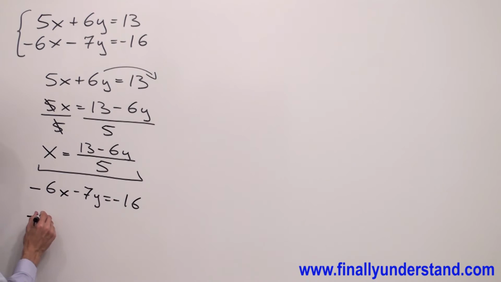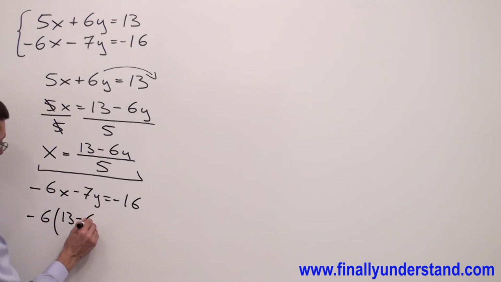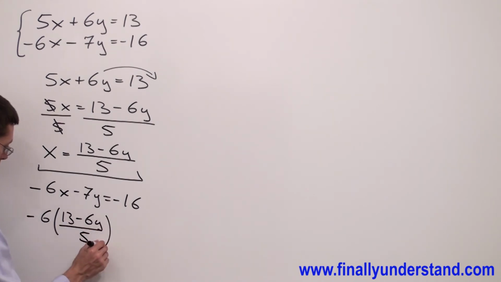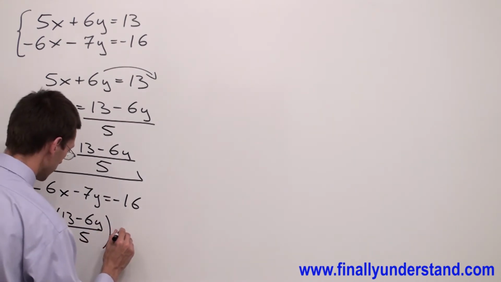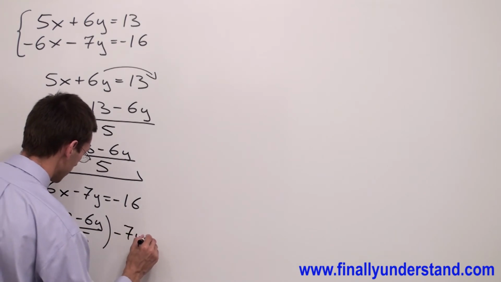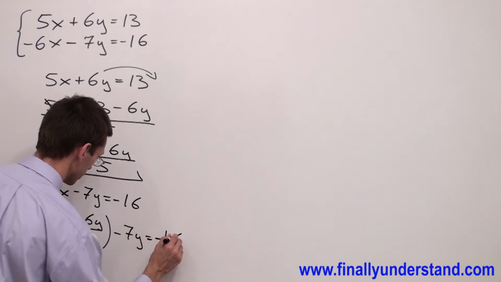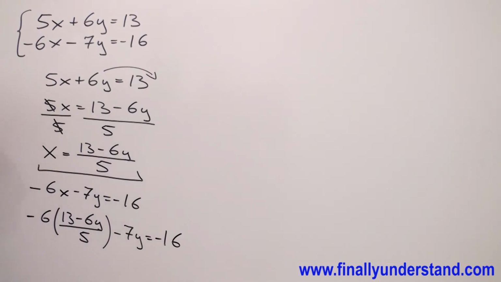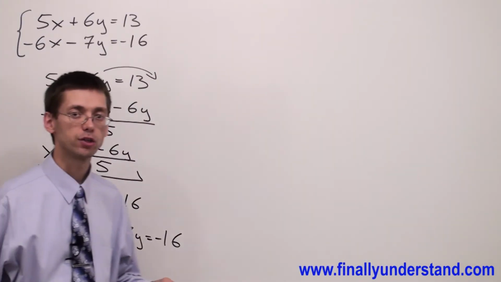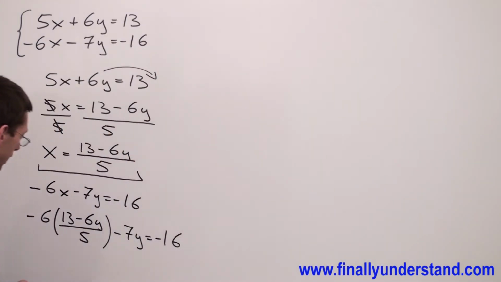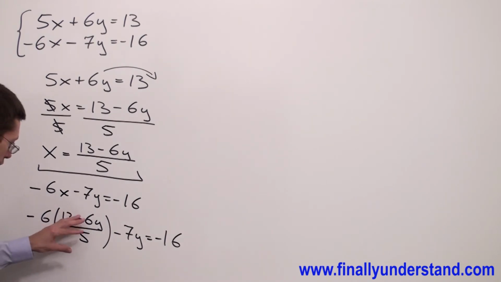I have minus 6 times 13 minus 6y over 5, minus 7y equals negative 16. Anytime I solve problems like this one, I try to eliminate the fraction.